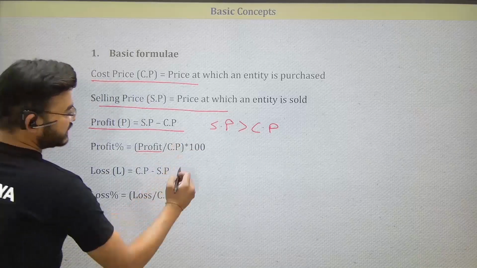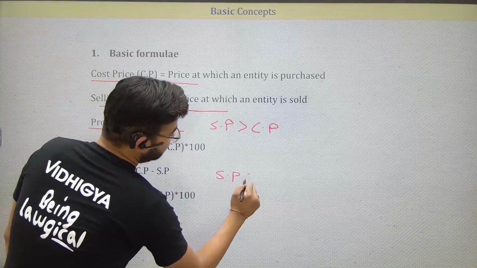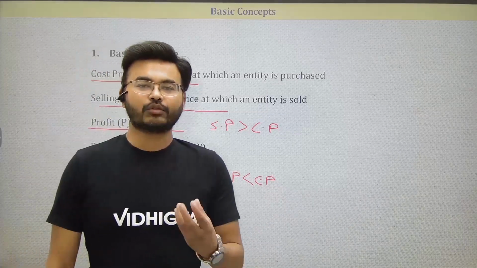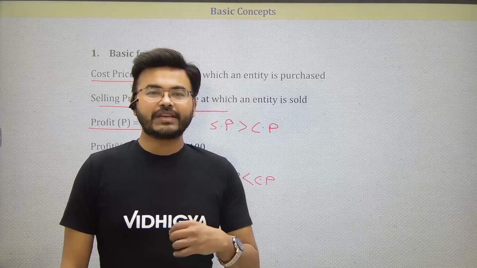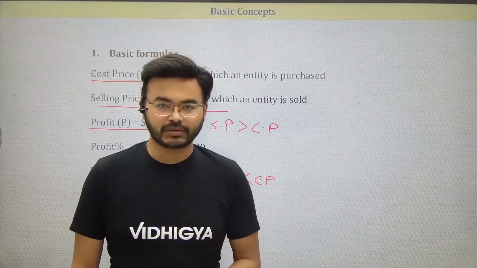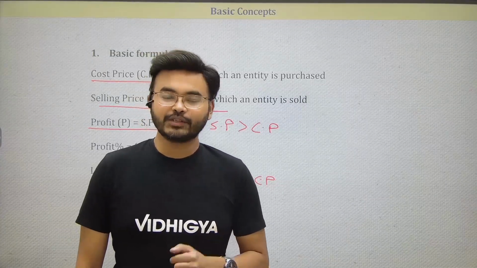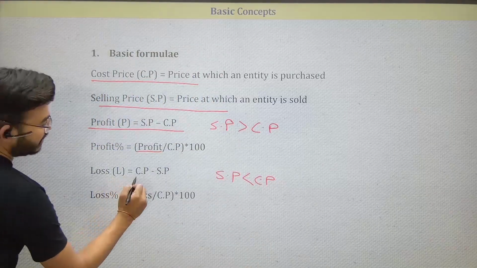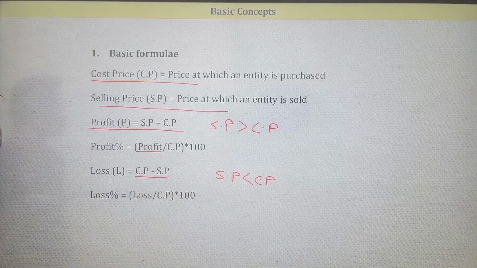Similarly, if selling price is less than the cost price, that means the article that you have bought is being sold at a price less than its cost price. In that case, you will incur a loss. And that loss will be given by cost price minus the selling price.